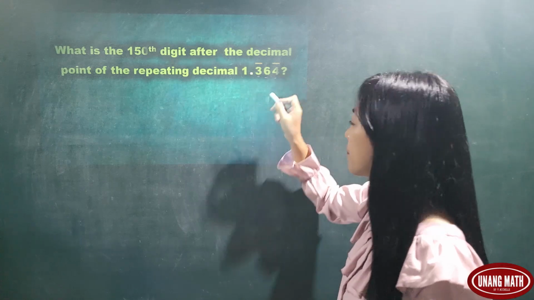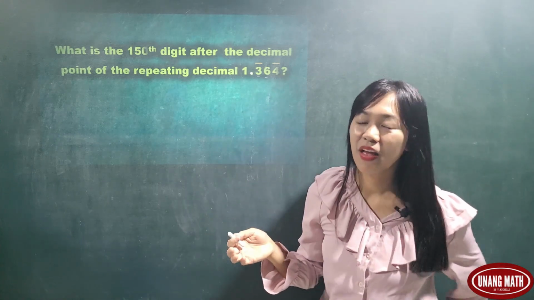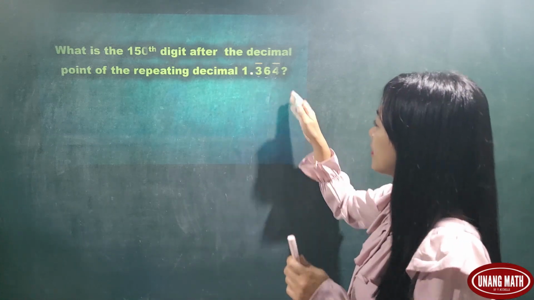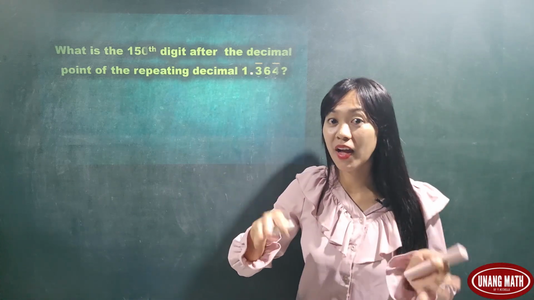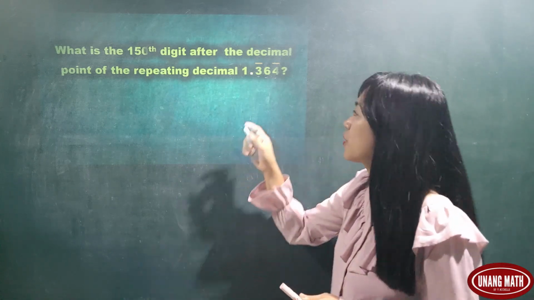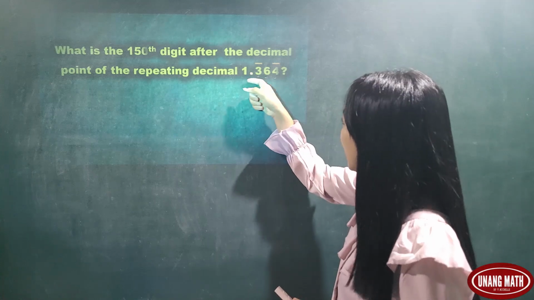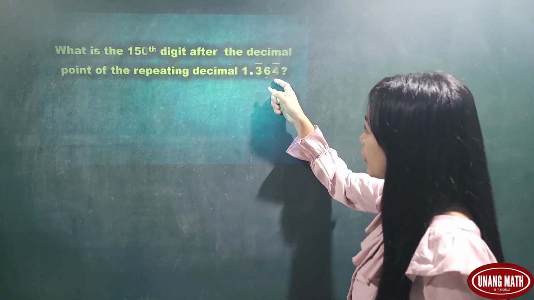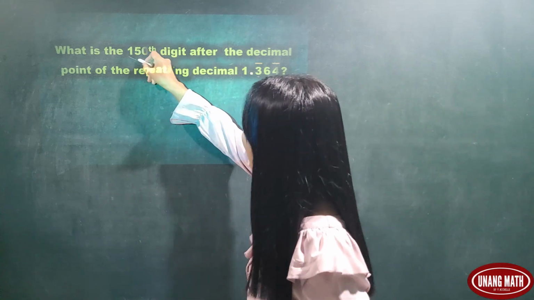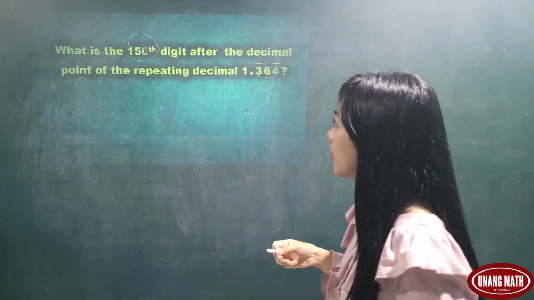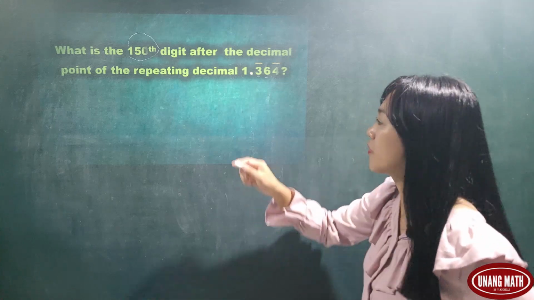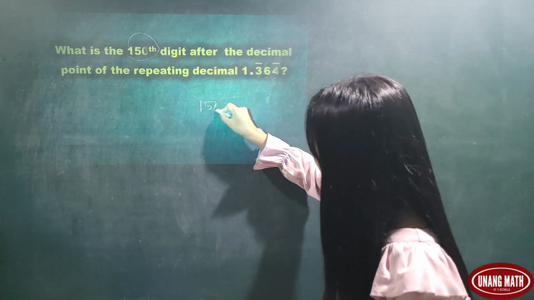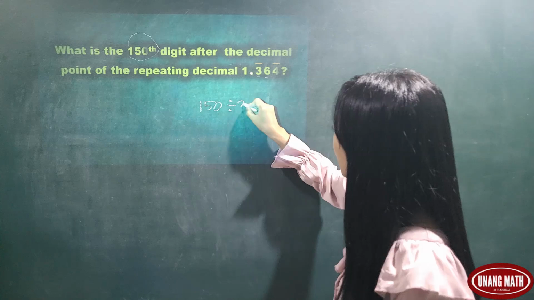So there are 3 digits. Okay, we cannot use this time the strategy of odd numbers and even numbers because we have 3 digits in our repeating block. So in order to find out what is the 150th digit, our strategy is 150 divided by 3.